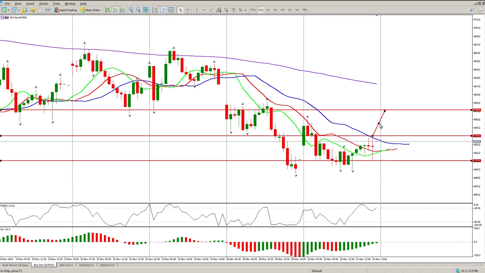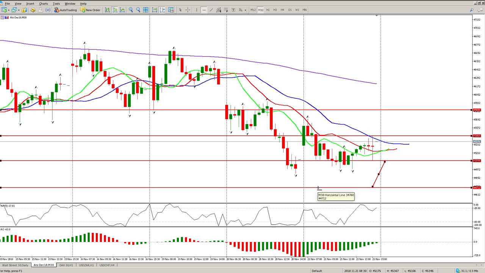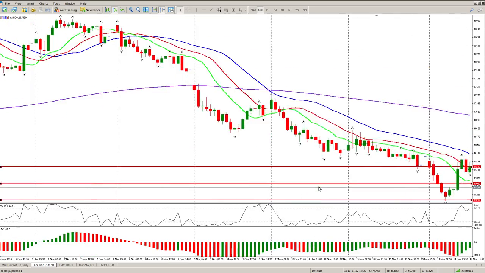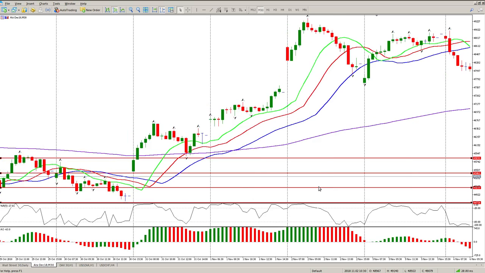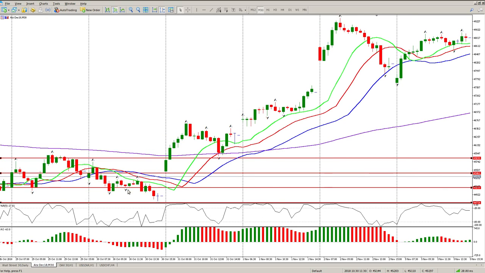Okay, break below, you're looking at 44,725, which lines up with the first inside tail here and the swing low.